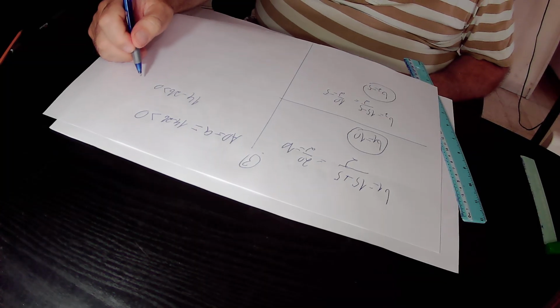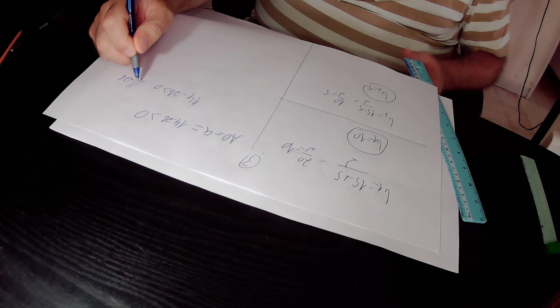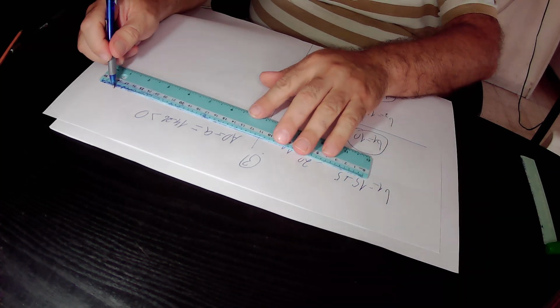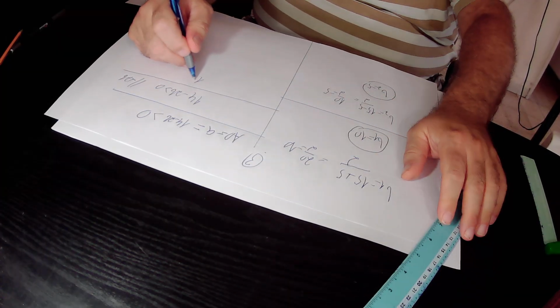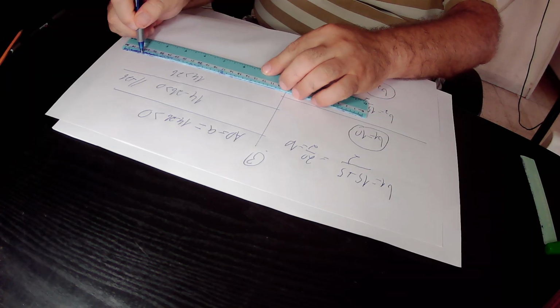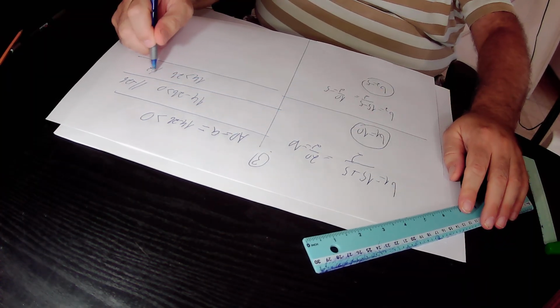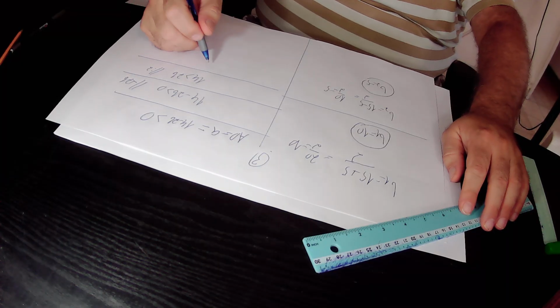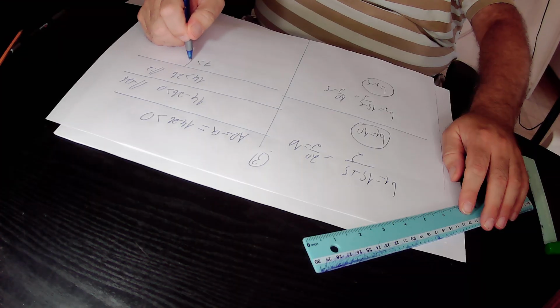So here we add 2B to this inequality, and we get that 14 must be greater than 2b. Here we will divide this inequality by 2 and get that 14 over 2 is 7, so 7 is greater than 2b over 2, which is b.